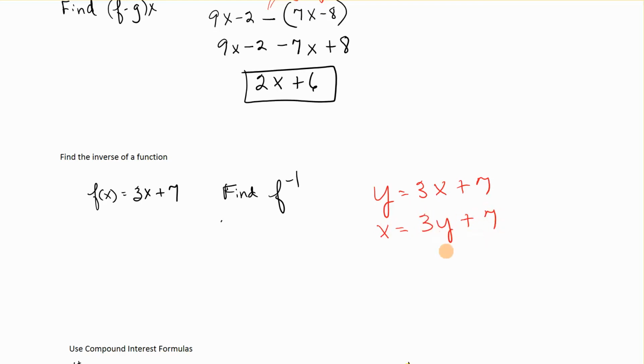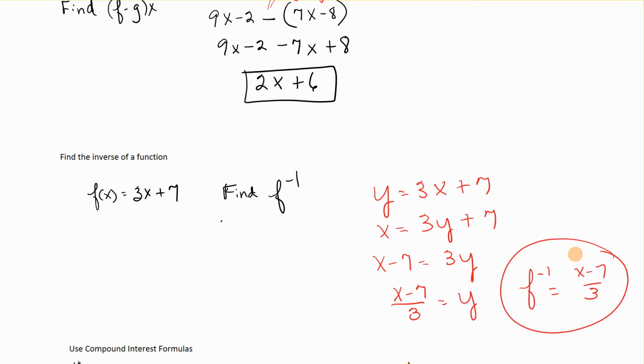Then we'll solve for y. So we're going to subtract 7, and we'll divide by 3. So x minus 7 over 3 equals y. And that's not really y anymore. Now it's inverse. So f inverse equals x minus 7 over 3.